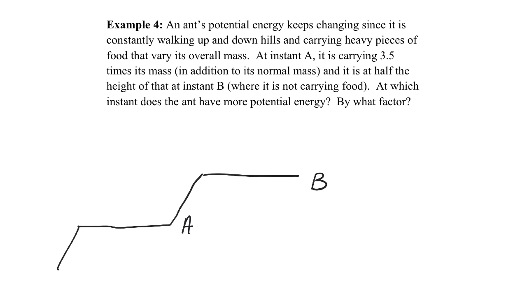Do I know what those heights are? Am I given the values? No. But I know that one is double the other. Agreed? One is double the other. So instant A, I could call 1/2 y. Instant B, I could call just y. I don't know the value.